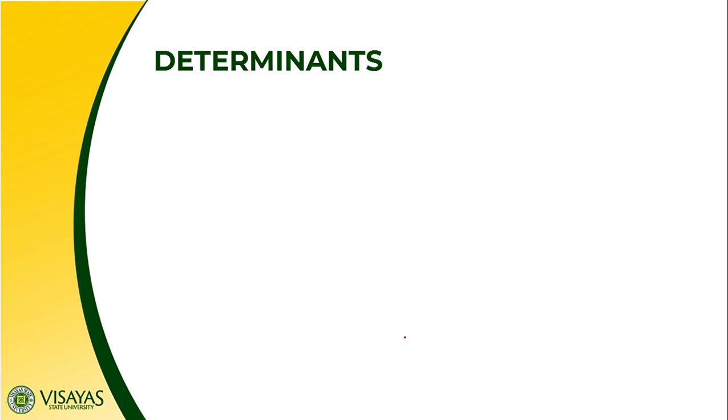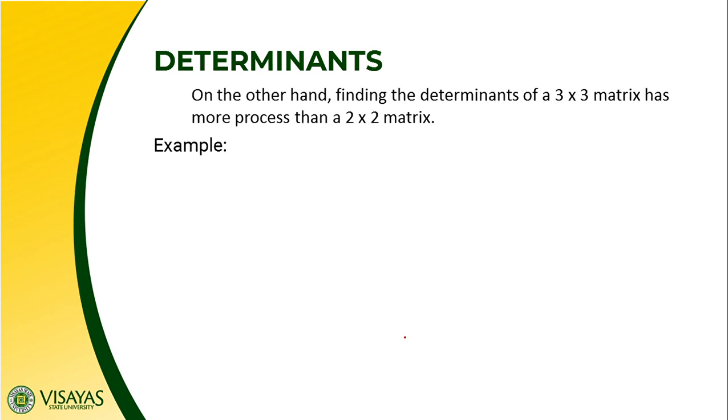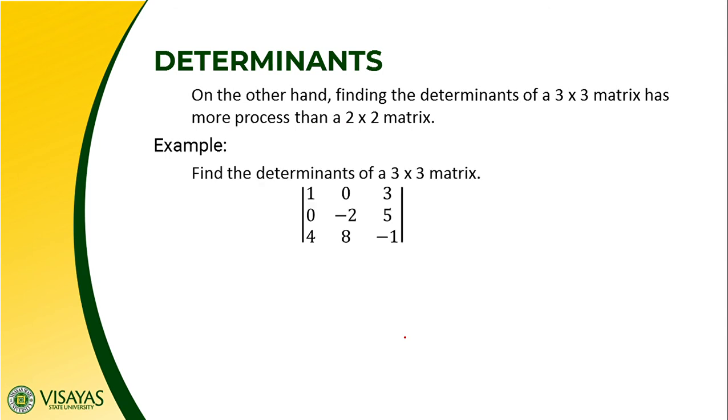So next, we have finding the determinants of a 3 by 3 matrix. So how do we find it? Because the way of finding the determinant of a 3 by 3 matrix is a bit different from finding the determinant of a 2 by 2 matrix.